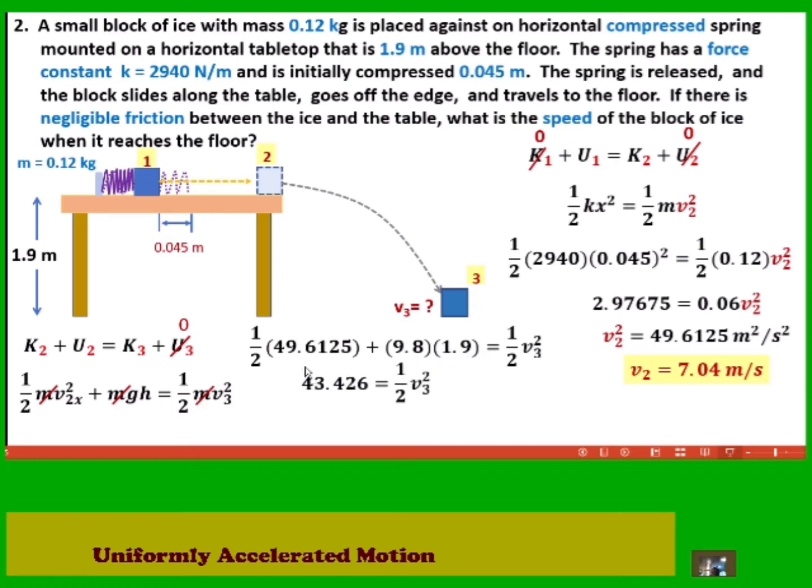So simplifying and combining terms and multiply the whole equation by 2. So v sub 3 squared is equal to 86.852. Extracting the square root on both sides. So v sub 3, or the speed at point 3, is equal to 9.32 meters per second.